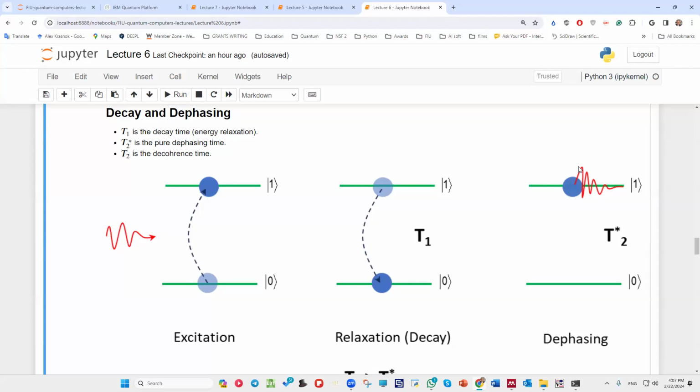However, this oscillation decays with the characteristic time T2 star. So this T2 star time is known as dephasing time, and the process is known as dephasing. So the system loses the phase of the excitation stimuli.